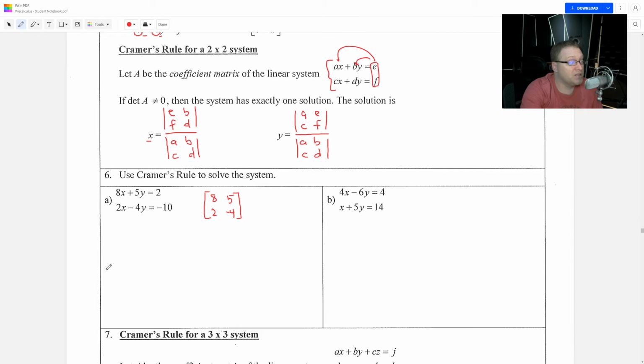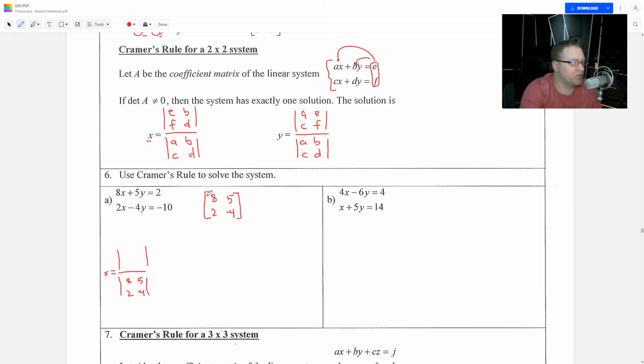So this is our coefficient matrix. Now we can easily set up solving for x. How are we going to solve for x? On the bottom is going to be the determinant of this matrix, which is 8, 5, 2, negative 4. And on the top is going to be the determinant of a different matrix. Which matrix?